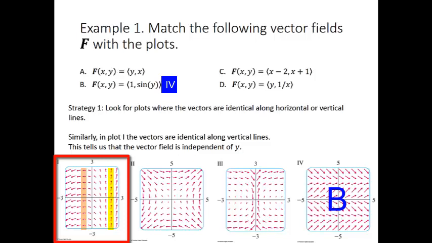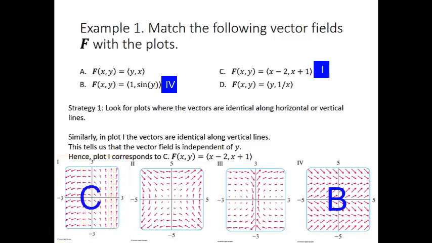So when we look at our equations, we're looking for one that does not contain a y. And so plot 1 corresponds to vector field C, which takes the point xy to the vector x minus 2, x plus 1. So that's one strategy: looking for plots where the vectors are identical along horizontal or vertical lines.